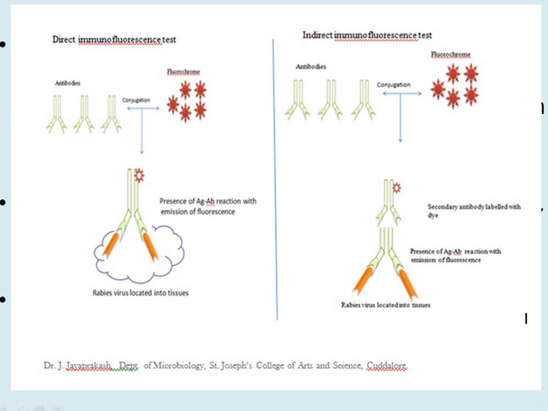Then the secondary antibody, which is highly specific to the primary antibody and already conjugated with the fluorochrome, binds only with the primary antibody, not the antigen. So this is the indirect. There are only a few differences between direct and indirect. If they are using a secondary antibody, the test is known as the indirect immunofluorescence test.